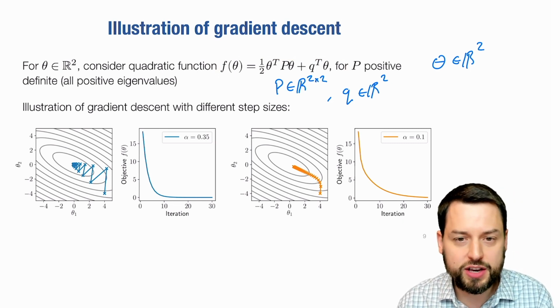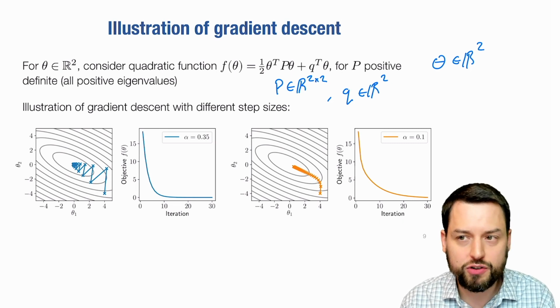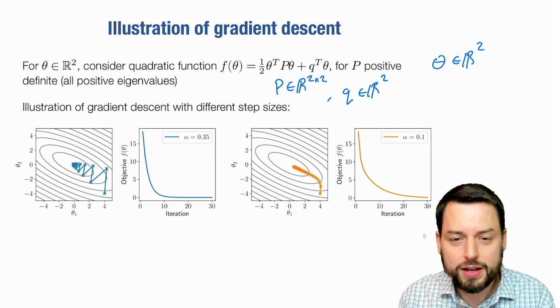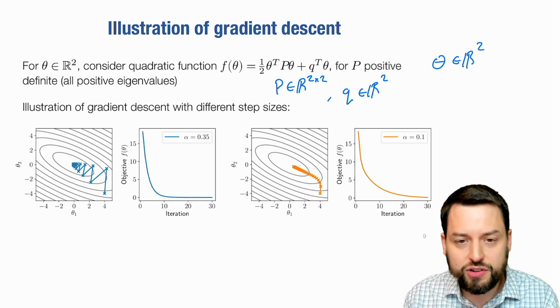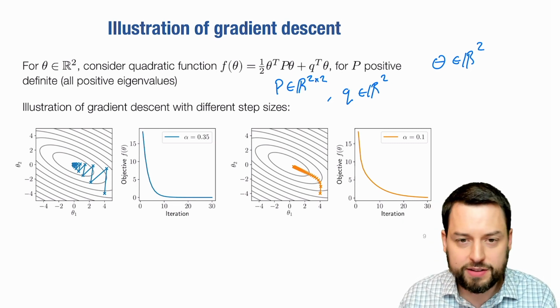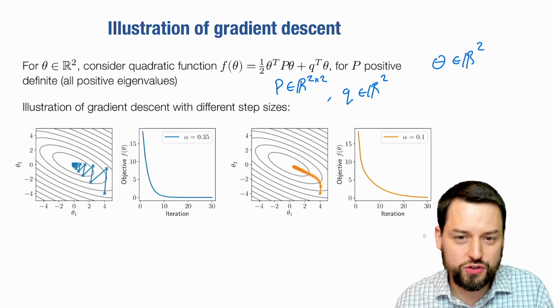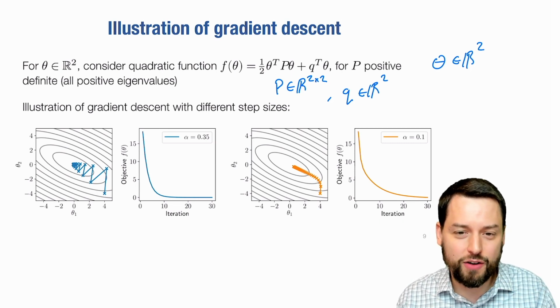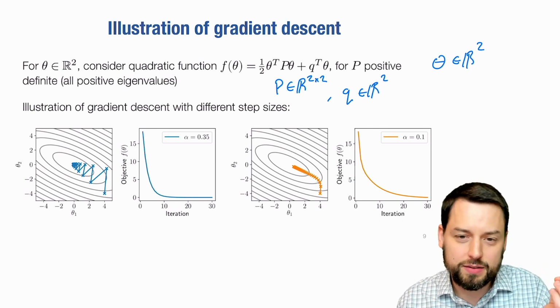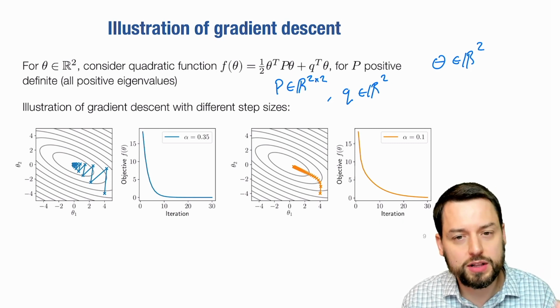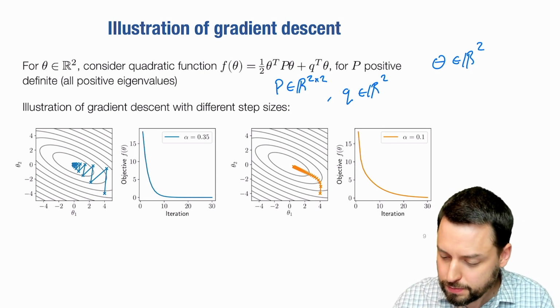And the behaviors you see here are not always indicative of the behaviors you get for real deep learning optimization. But it's nonetheless instructive to think about how these algorithms would work on these simple objectives. But of course, the real proof is how well they will work in the optimization of real deep learning networks.